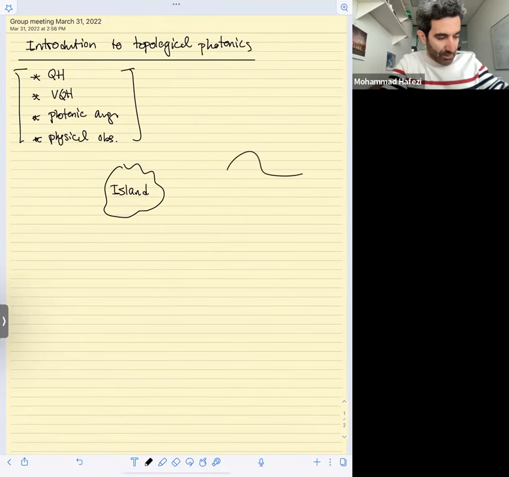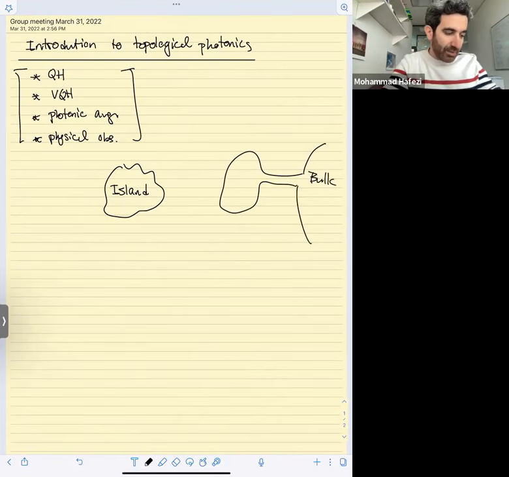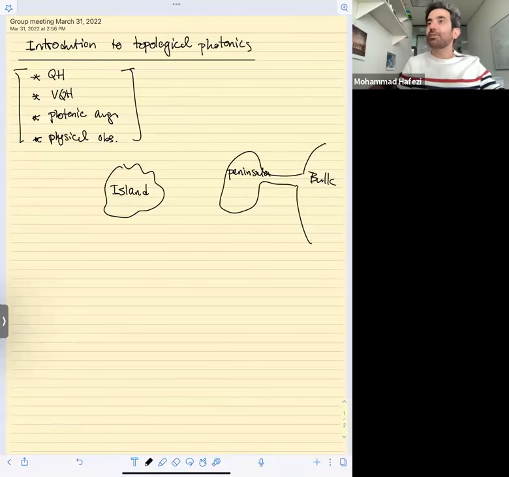But if it's an island that is connected to the mainland, so it's the bulk, for example, then you call it a peninsula. That means basically it's almost an island. It is not an island because it's connected to the land.